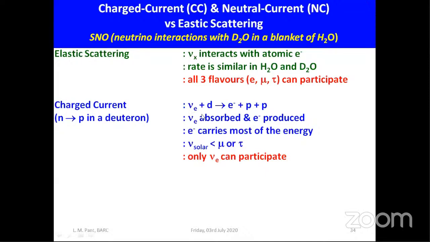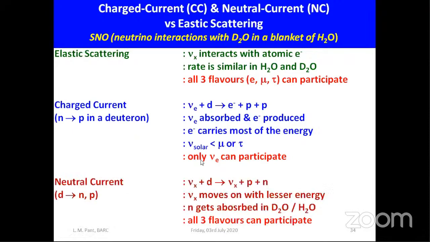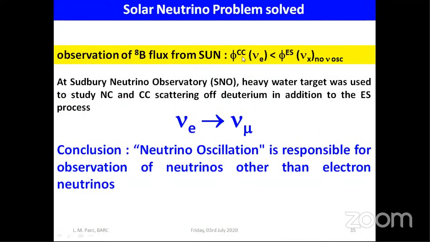In the case of an electron neutrino, it produces the charged current. So this clearly shows that only the electron type of neutrino can participate, whereas the deuterium also interacts with the other flavors, and that is called the neutral current. By measuring the charged current, the neutral current and the elastic scattering, they could find out that in the case of the 8B flux from the sun, the flux of the charged current was much less than that of the elastic scattering.